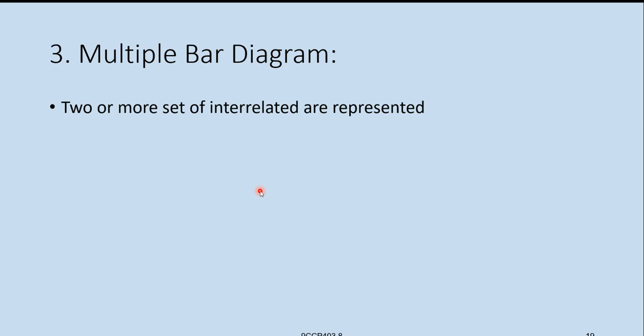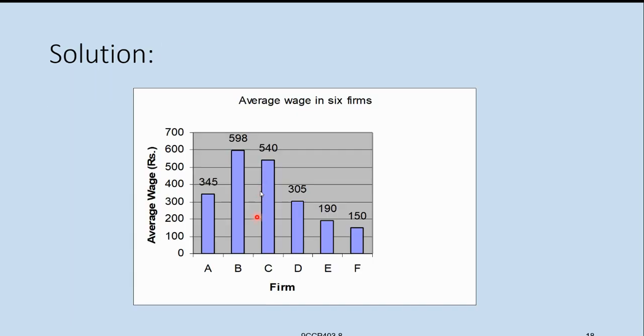Here also in the previous example where we have seen the bar diagram, we can easily compare. This is 345 and the index is showing 345. We can easily compare the picture 345 and 598. This is shown as 345 and 592 as per the index, and in the height also we can easily identify the difference.